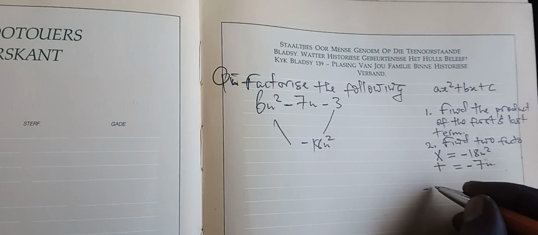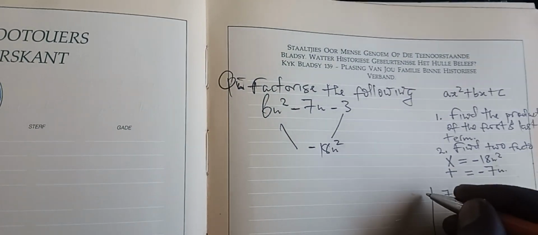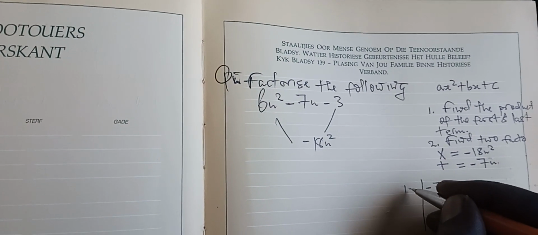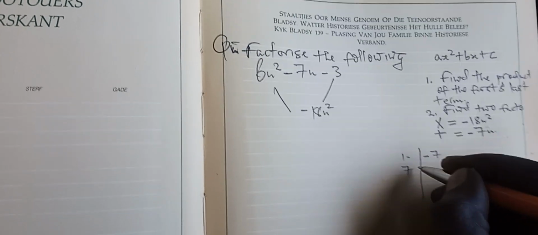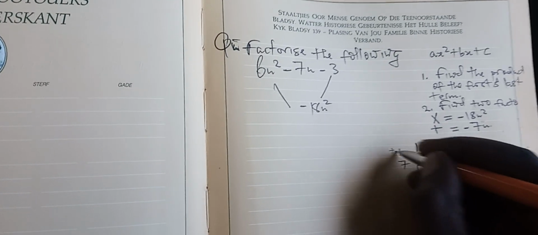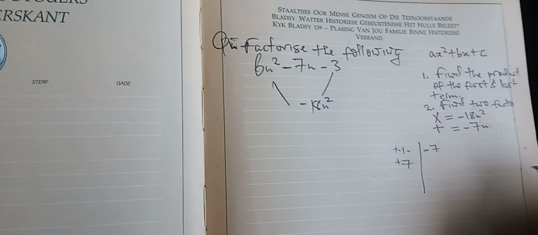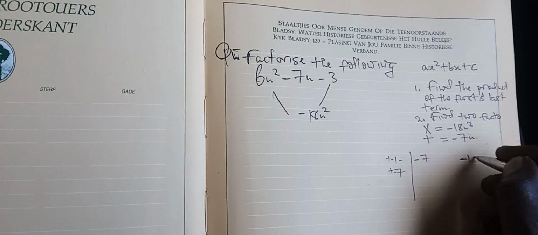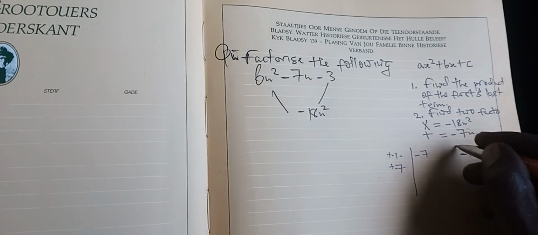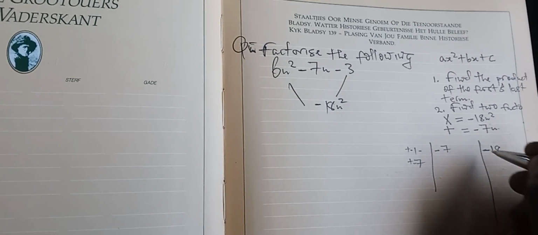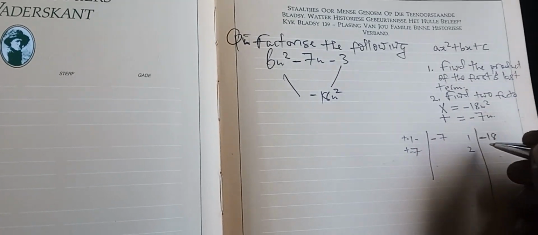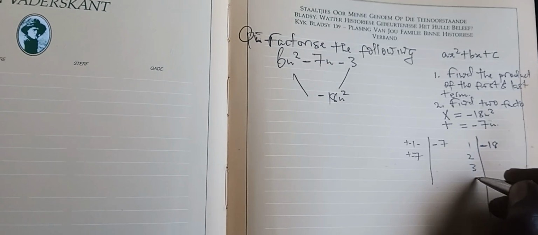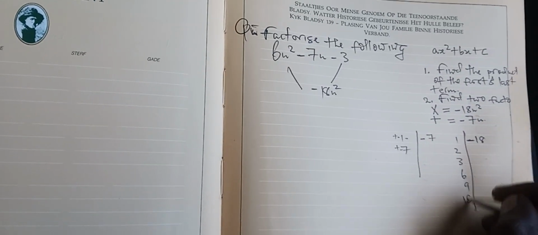So here, if we say minus 7, we are going to have 1 and 7. This is going to be a positive or negative, the factors of 7. And then on minus 18, if we list the factors, we are going to have 1, 2, 3, 6, 9, and 18.